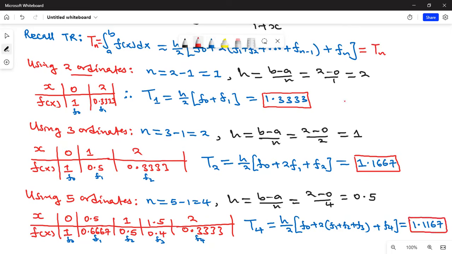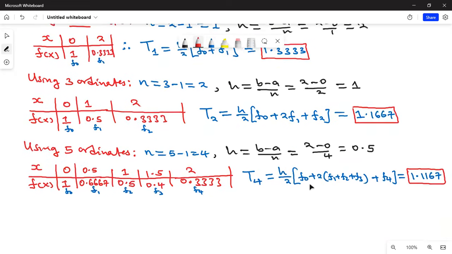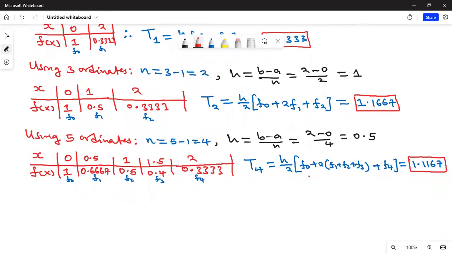And finally, when we now use 9 ordinates, 9 ordinates will mean that n is equal to 8. So you can write here using 9 ordinates. Let's calculate n. In this case, n is equal to 9 minus 1.